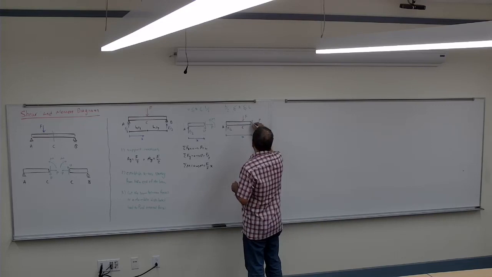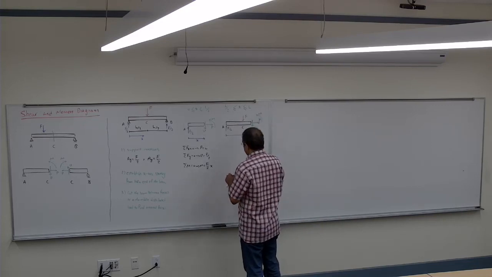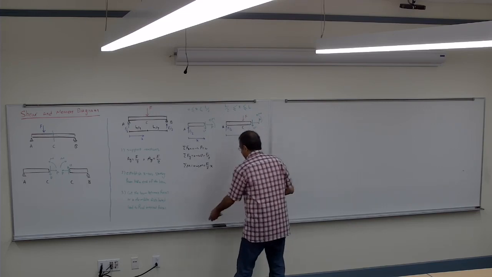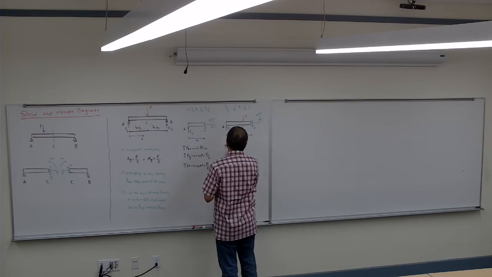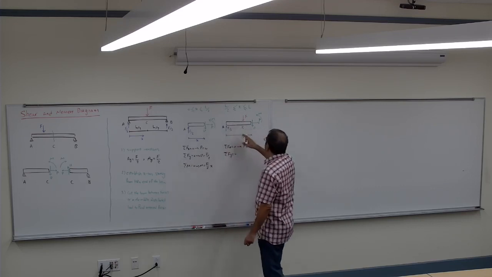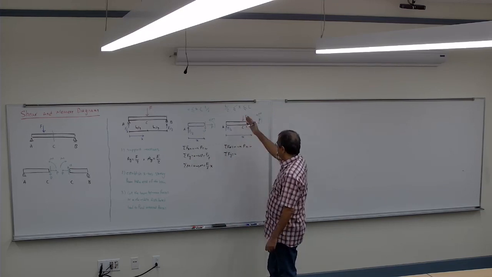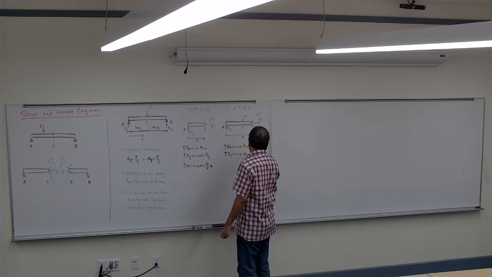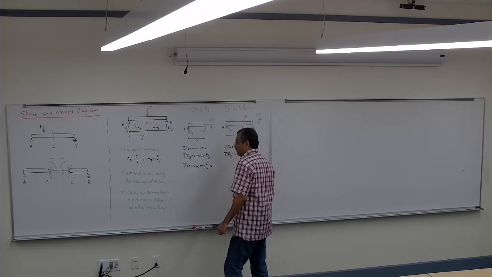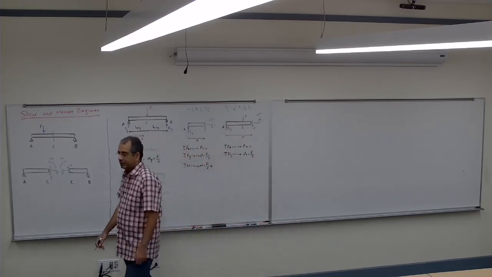There's a P, a V, and an M. Again, sigma Fx is 0, that gives me P is 0. If I write sigma Fy is 0, I have F going down and half of F going up, so V would be half of F in the opposite direction.